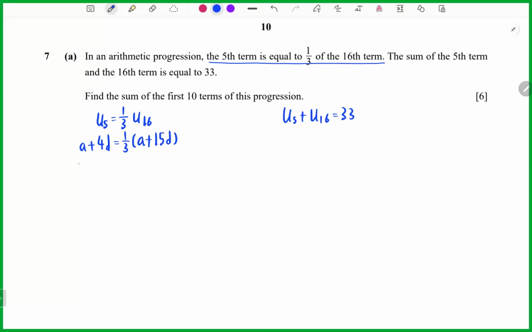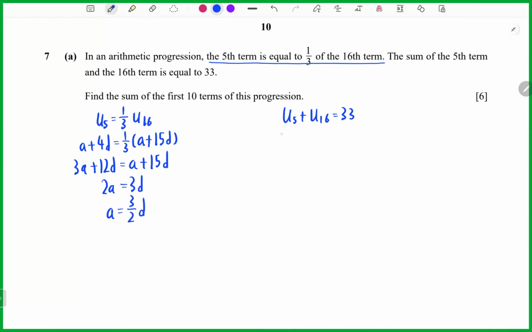So I get 3a plus 12d equals a plus 15d. So here I get 2a equals 3d, so a will equal 3 over 2 d.